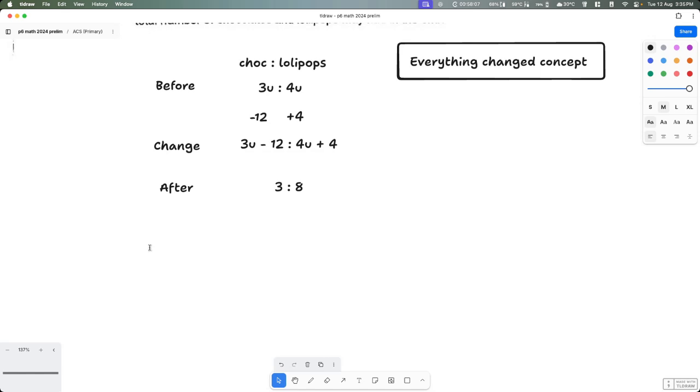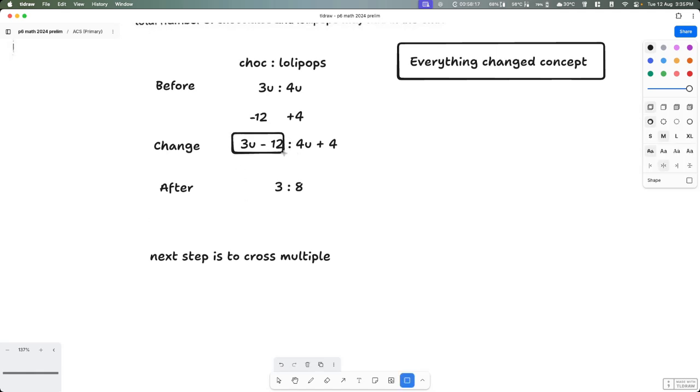So the next step is to cross multiply, which is basically 3 units minus 12 multiplied by 8 over here. So I'm going to change this to red. And then 3 over here, I'm going to change this to green, multiply to this. So that is the whole concept over here.